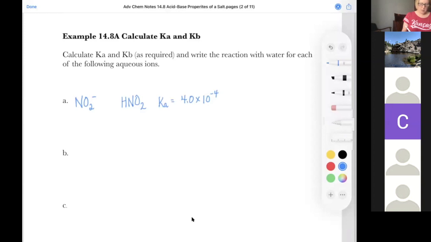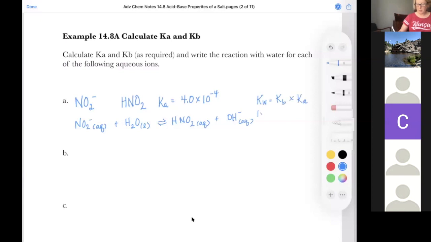First of all, we'll start with the reaction: NO2 negative, aqueous, and we add water to it. We are going to get HNO2, aqueous, and OH negative. Then from the Ka value, remembering the relationship that we just looked at, Kw equals Kb times Ka.